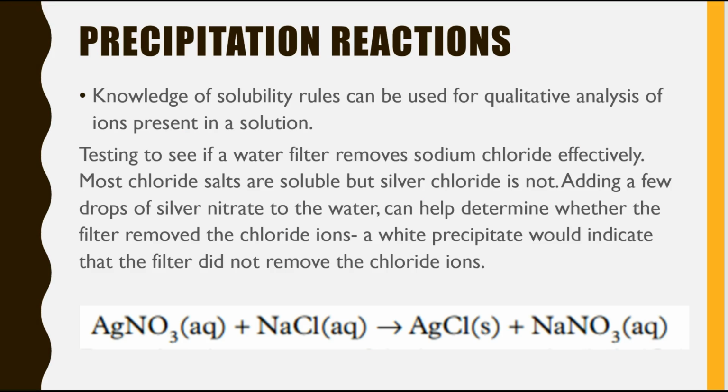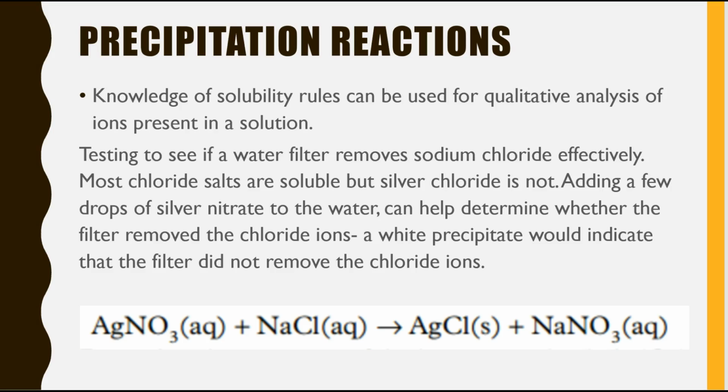Knowledge of our solubility rules can be used for qualitative analysis of the ions. It will tell us what ions are present in the solution, but it won't tell us what concentrations are present. Normally we will take a sample of an unknown solution and carry out a test on that solution to remove some of the ions by precipitation.